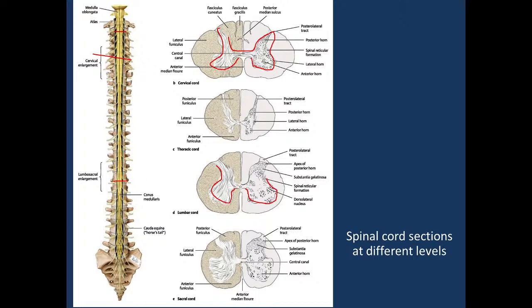That's why we have different shape and different thickness. Here it is thin, but in the lumbosacral enlargement it is thick.